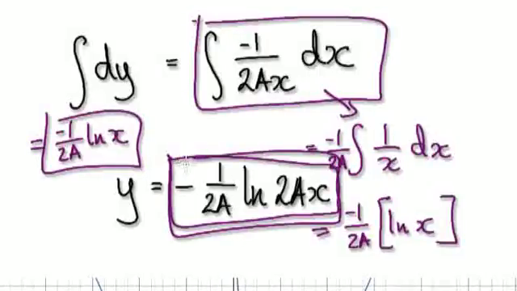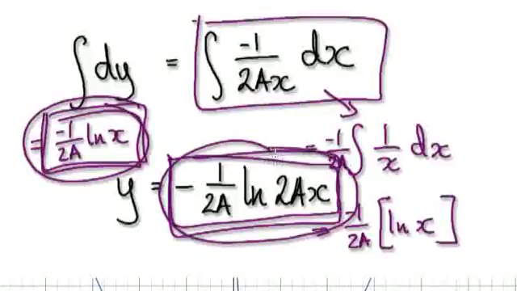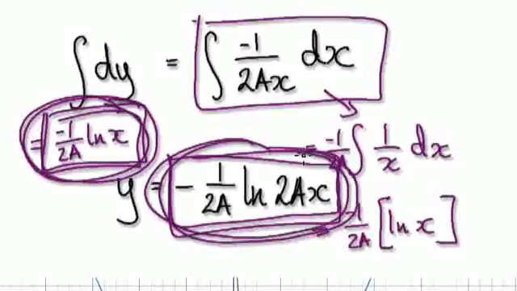Remember the uniqueness theorem: when two things differentiate to the same thing, then these two things must be exactly the same, but only differ by a constant. And it is true. This is exactly the same as this in a way, but you just can't see it.